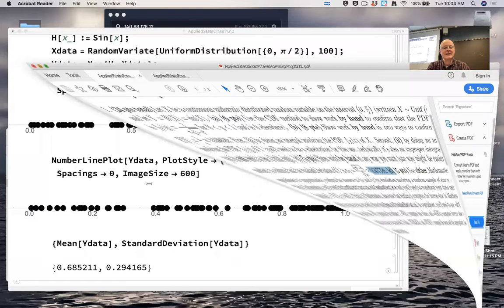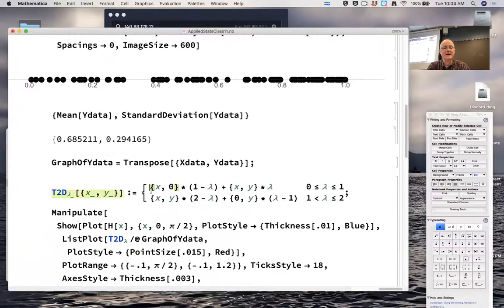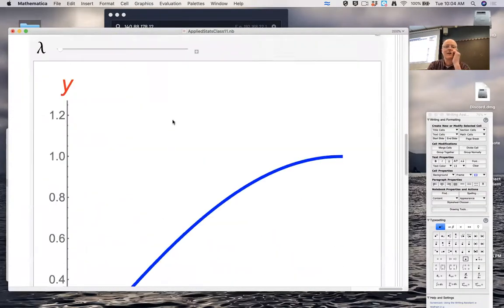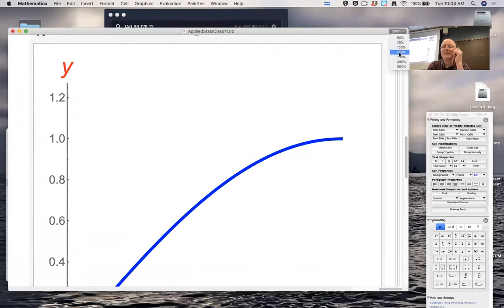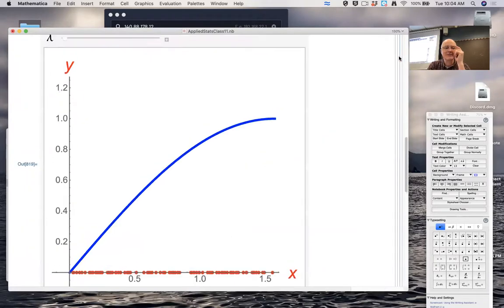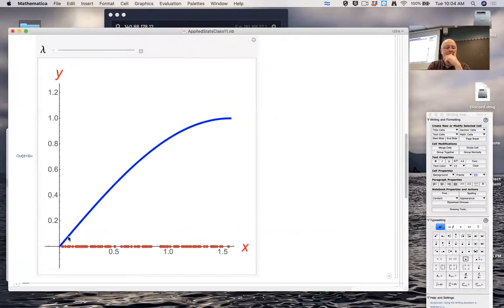So it's good to see the numbers matching, but I also had some fun here making a visual for this transformation. So here's the X data from the uniform distribution from 0 to pi over 2. There's the graph of sine of X, with X going from 0 to pi over 2.